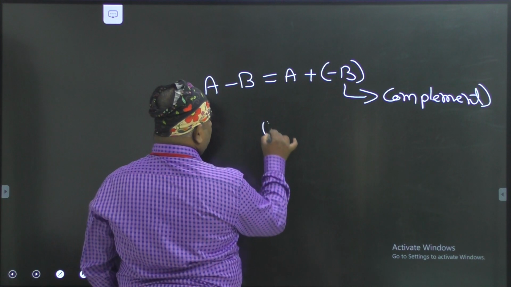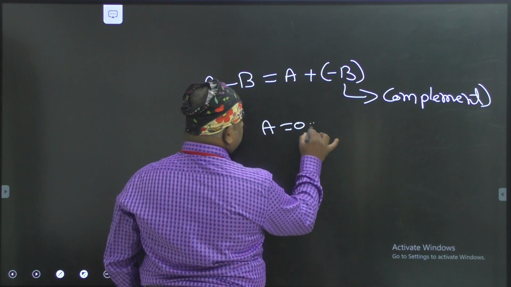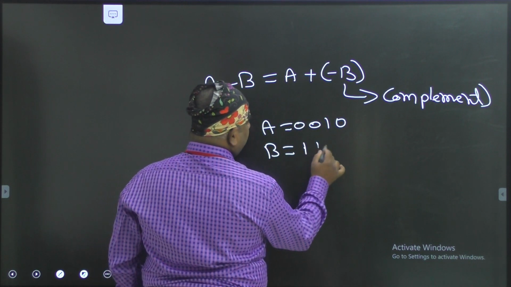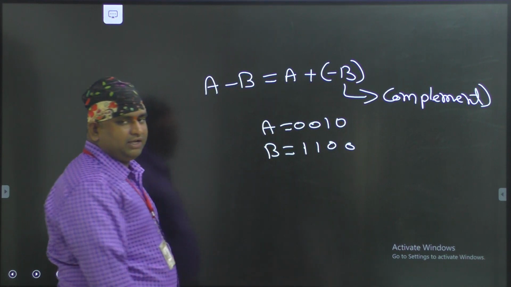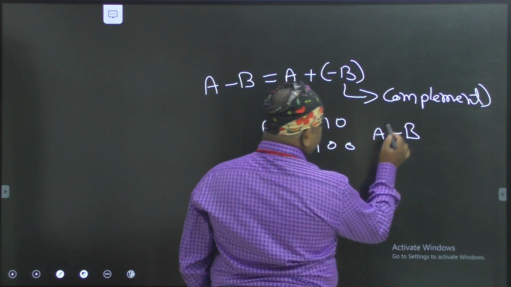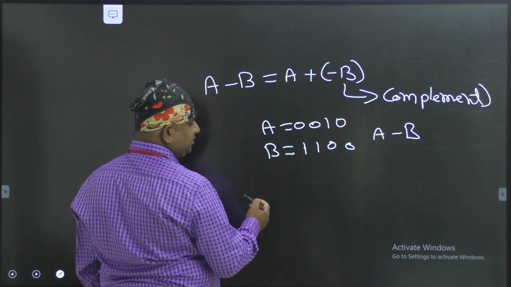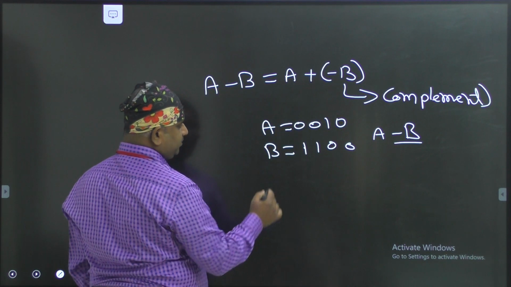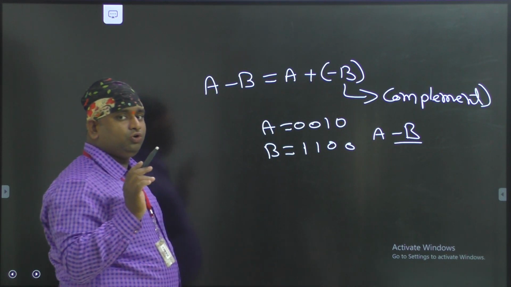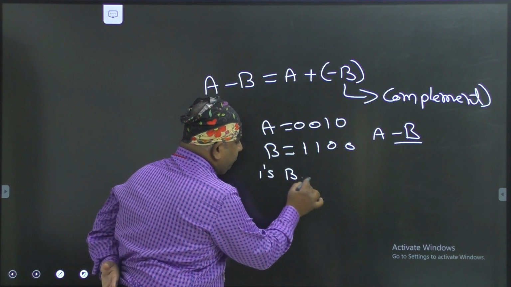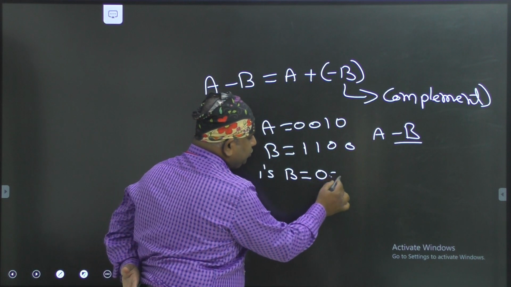For example, A is equal to 0, 0, 1, 0 and B is equal to 1, 1, 0, 0. These are the values given. Now we have to perform the A minus B operation. When you want to perform this, first find the minus B value, so you have to find the twos complement of B. The ones complement of B is 0, 0, 1, 1.